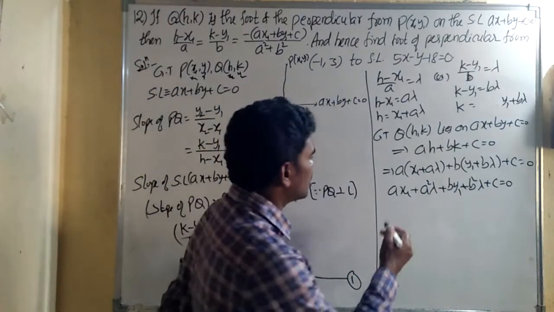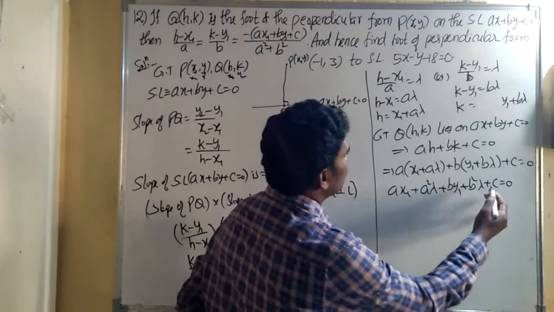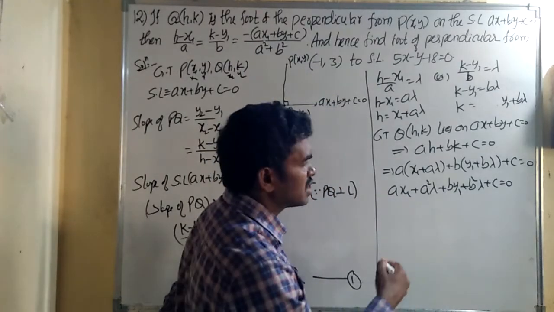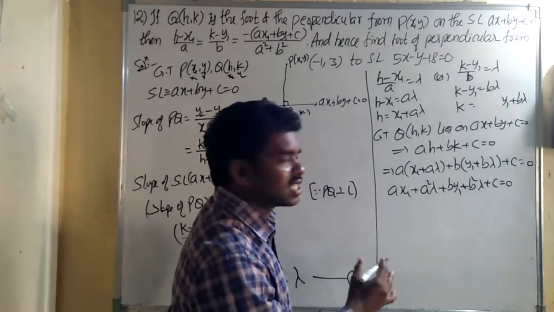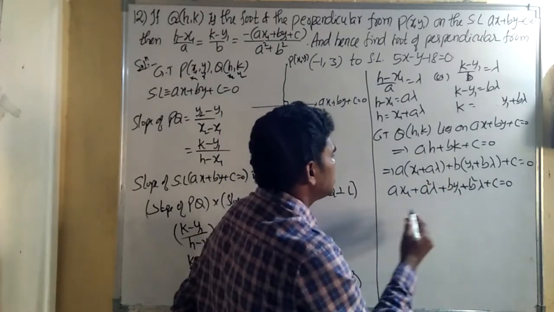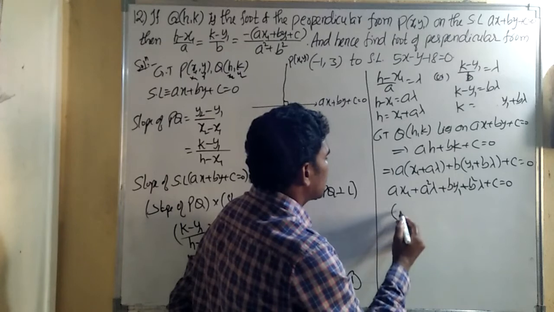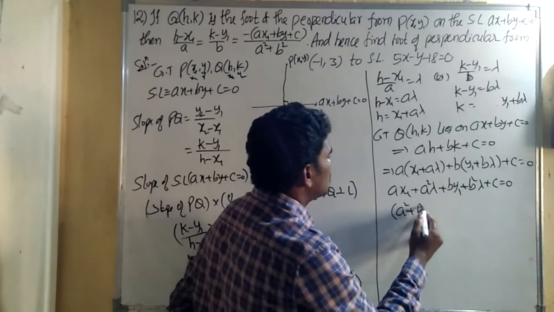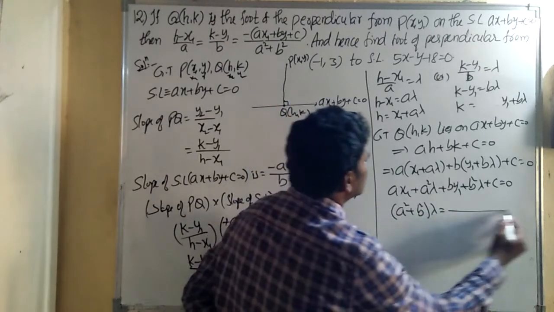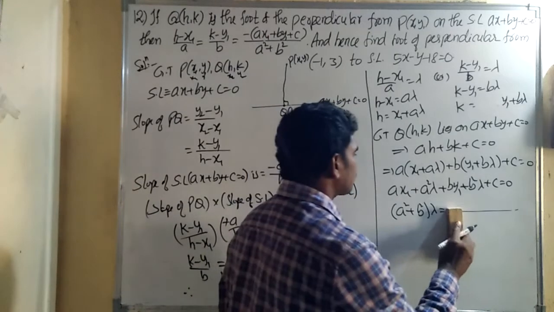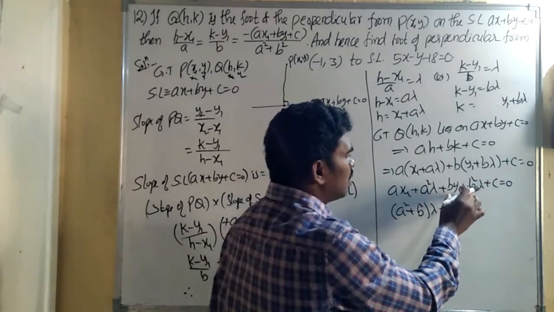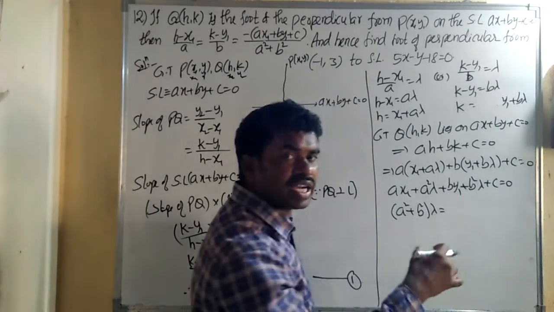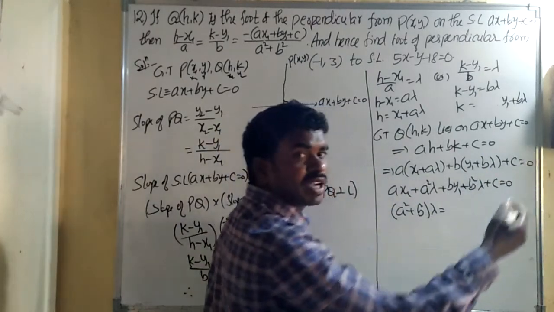Finally, we are in the last stage. So ax1 plus by1 plus c, send to the right side, and keeping a square lambda plus b square lambda as it is. But we can take lambda common. After taking lambda common, (a square plus b square) into lambda is equal to, all terms with minus: minus ax1, minus by1, minus c.